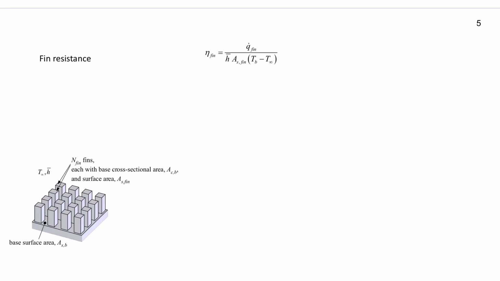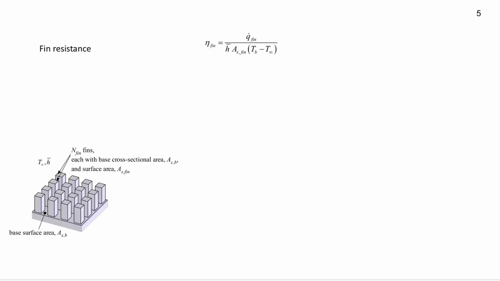To deal with stuff like this, and in general, something that's useful is to define something called a fin resistance. A fin resistance is really the same kind of concept we've been talking about for thermal resistance, but let's hash it out here. Let's write out our heat transfer rate. Say I've calculated my fin efficiency.